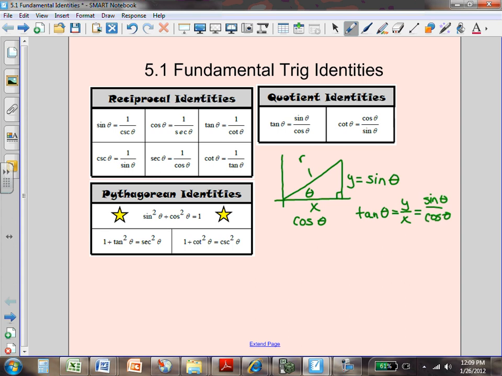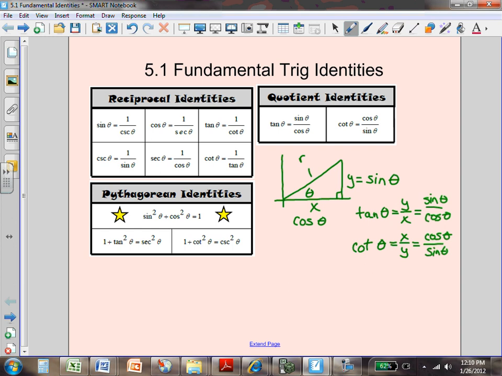Likewise, the cotangent of the angle, well, that's x over y, and then you get that that's cosine over sine theta. So they are reciprocals, just like they were in the reciprocal identities. Tangent is sine over cosine, cotangent is cosine over sine. And those are some identities that you should have memorized or get memorized and be very comfortable using. We will use them all the time.